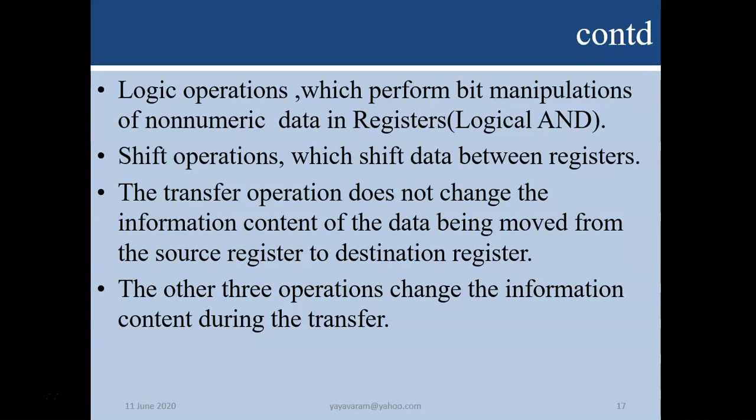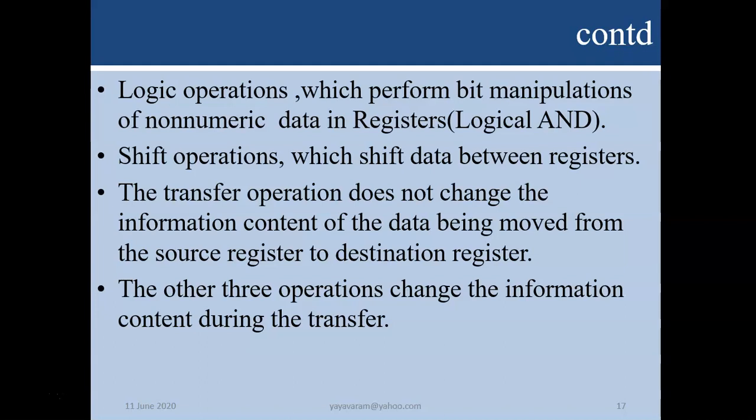The transfer operations do not change the information content. Very important. In your microprocessor, MOV A, B: the contents of B are copied to A, which at a lower level we normally call the accumulator. That is a transfer operation, a register transfer.